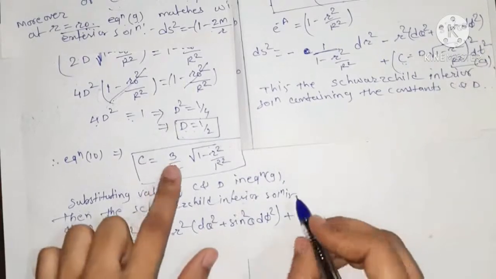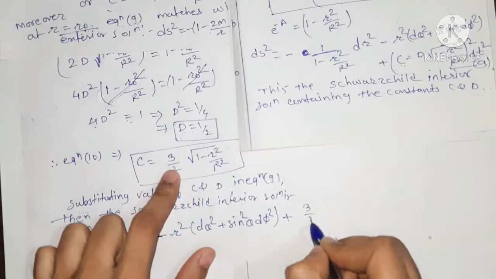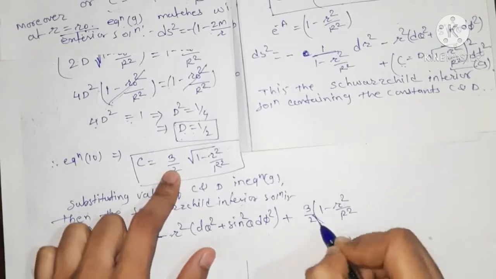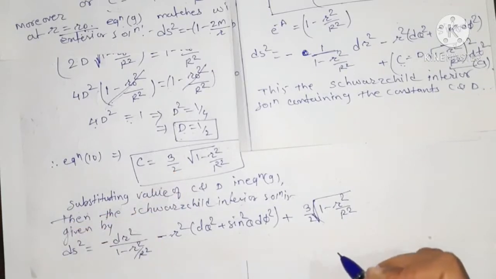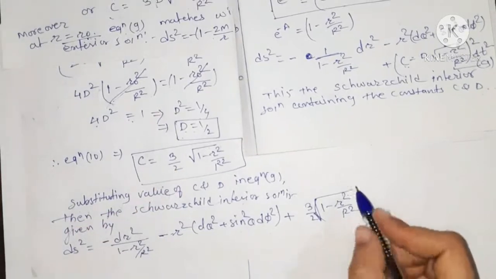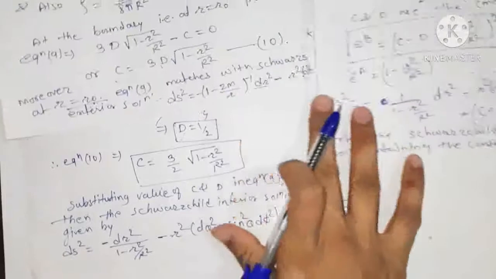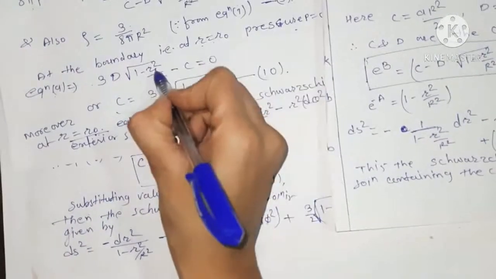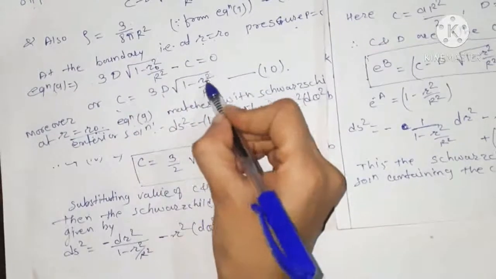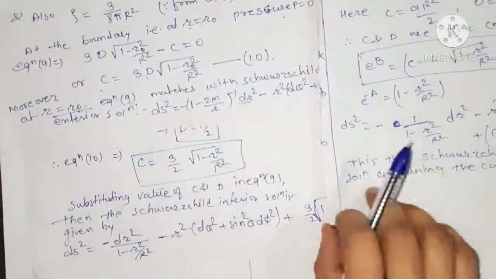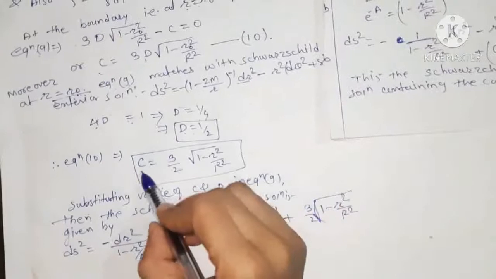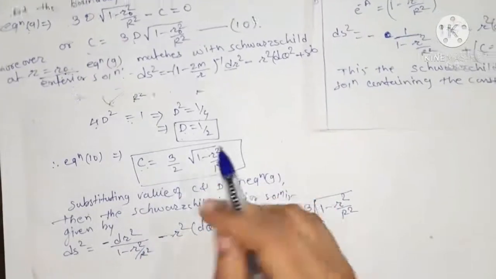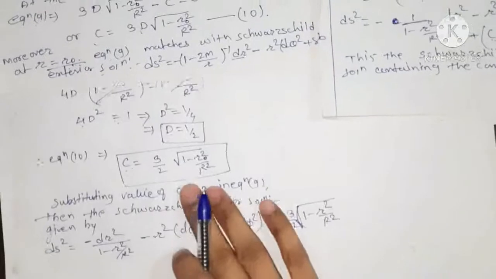So the value of C is 3 upon 2 under root of 1 minus r0 square upon capital R square. Also note that in equation 10 we are taking r equals to r0. So we have here r0 square. Okay. So here we get the value of C also in the form of 1 minus r0 square upon capital R square.